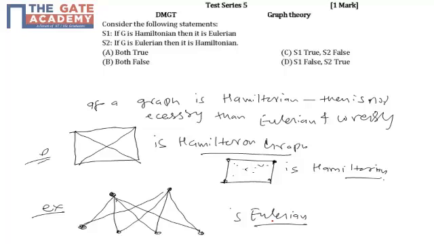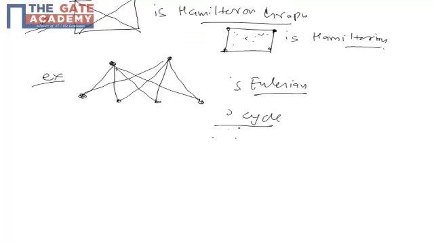But is there any cycle which consists of all the vertices of the graph? No cycle. So therefore the graph is neither Hamiltonian, nor is Eulerian going to be Hamiltonian. That is the options.